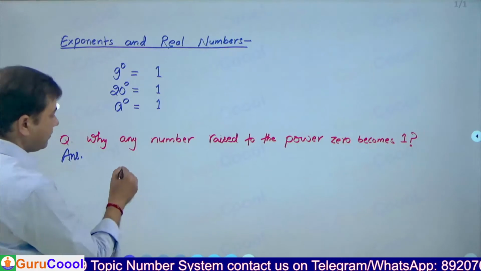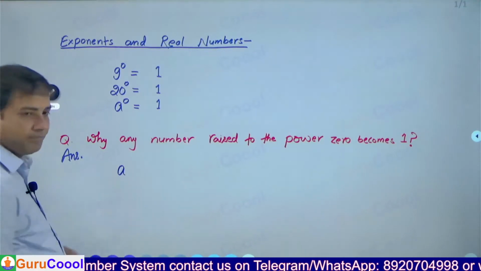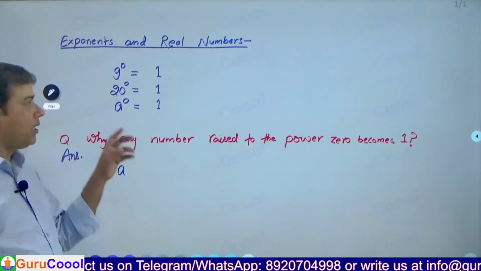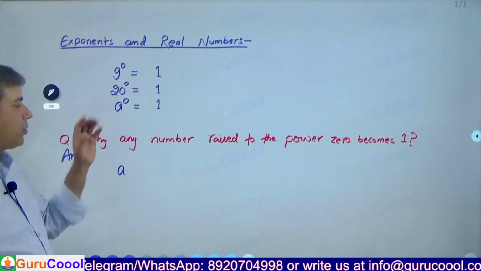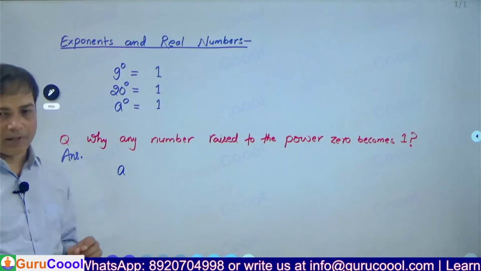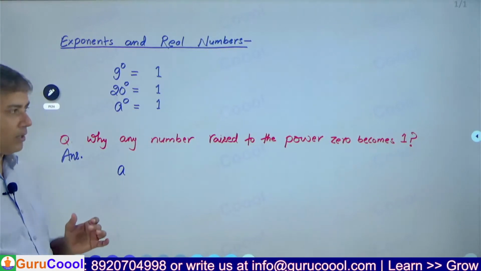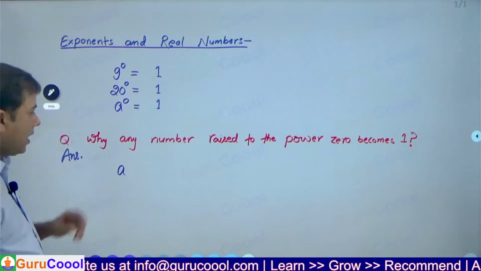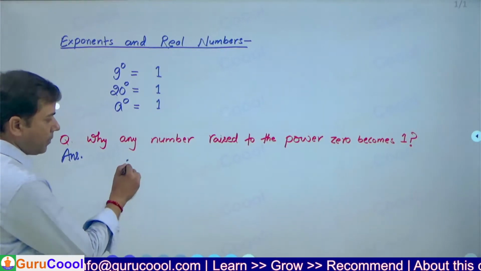Let's take any number a. We should not start with any particular number like 9 or 20. We should start with a general number which represents any number. I am taking a, and let's take power 0 of it.